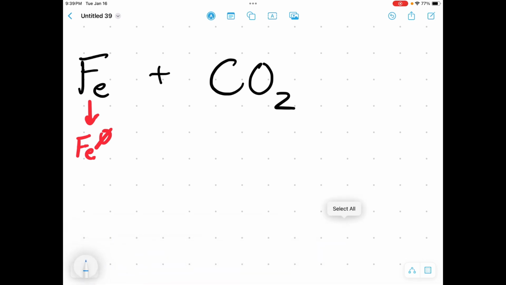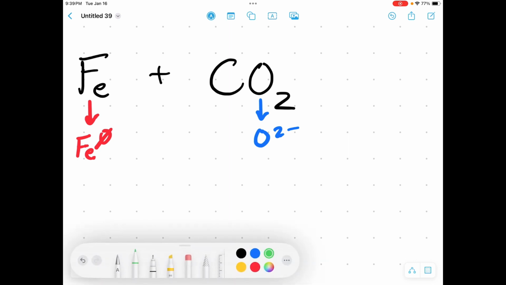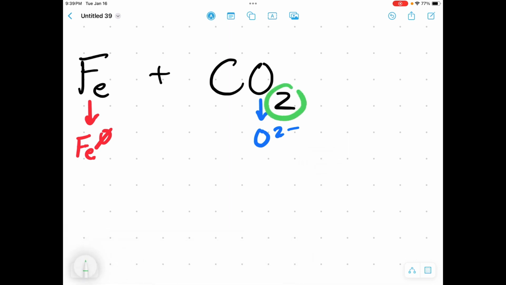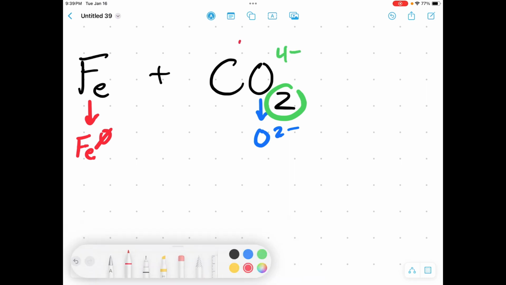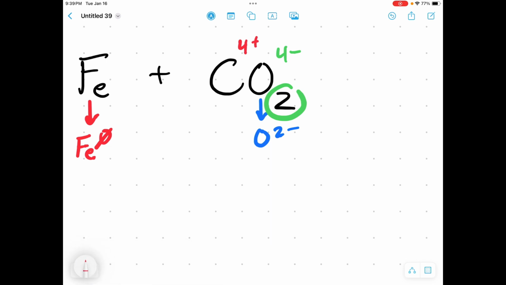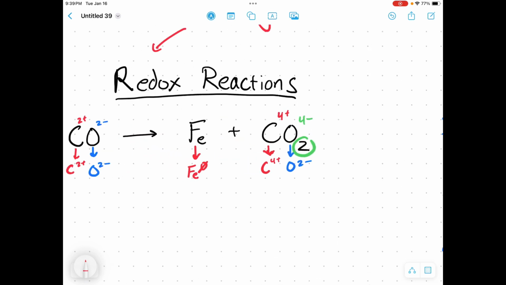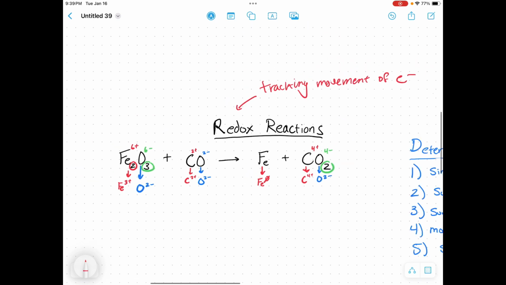And then finally, CO2, each oxygen we said was -2. I have a total of 2 of those, so total contribution of 4 minus. So if carbon is going to have total contribution of 4 plus, each carbon here has to be 4 plus. So that's how I would find the oxidation states for each one.